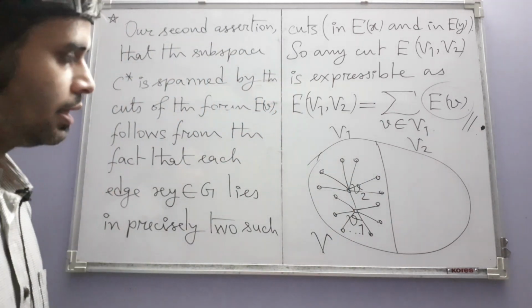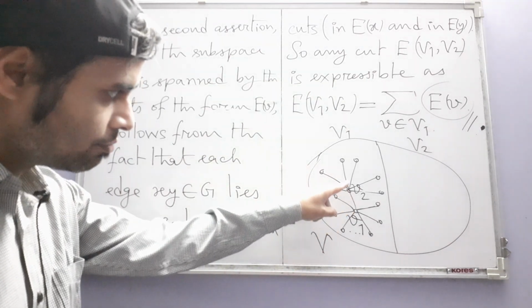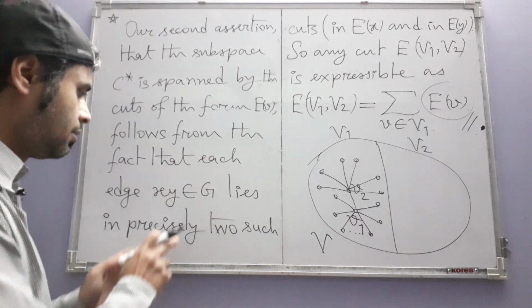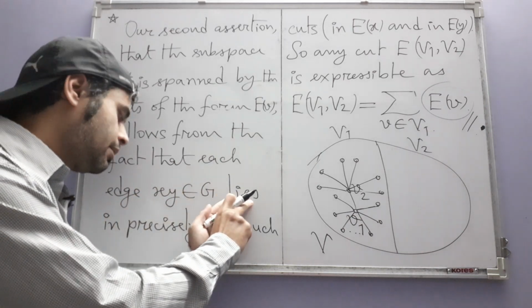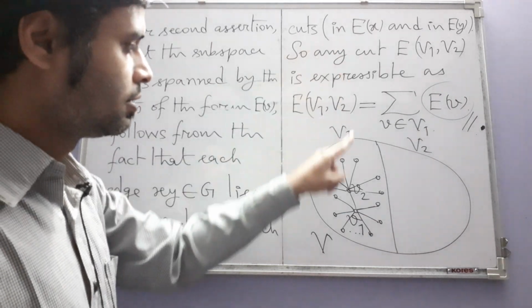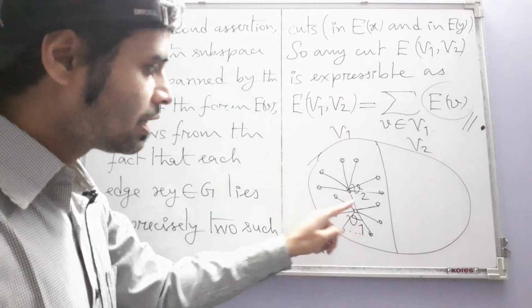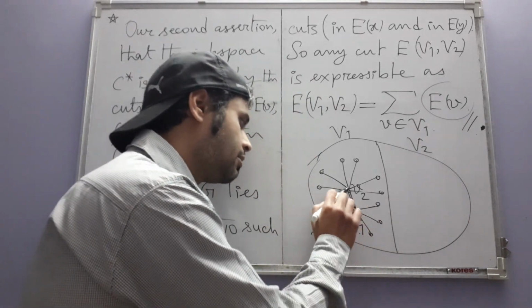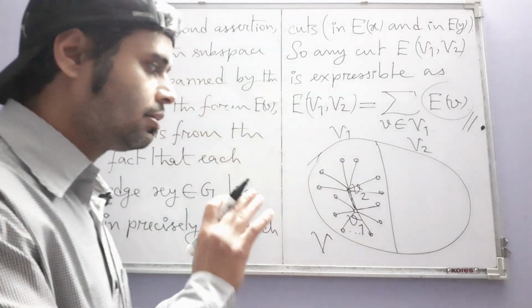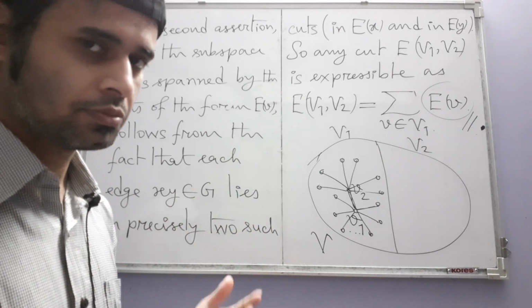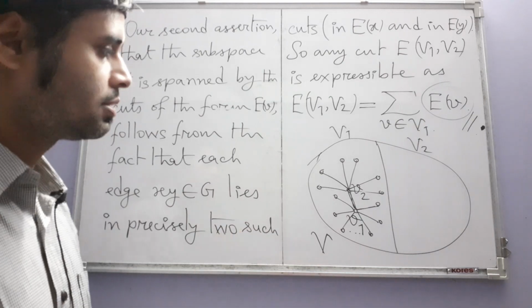One of those edges is this edge V1, V2 itself. That is why we are saying that each such edge xy lies in precisely two such cuts. This edge is in E of V1. Simultaneously, this edge is in E of V2 and not in E of any other vertex. Naturally, you can just simply see that.